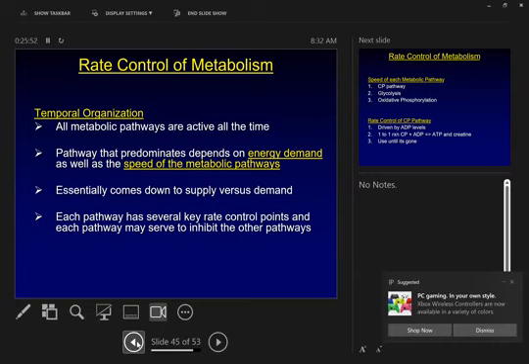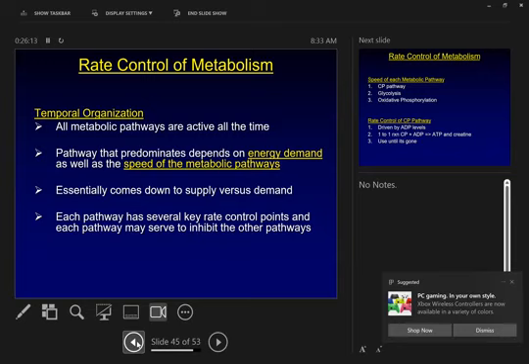The predominant pathway is going to be the one where you derive the most energy, and that depends upon the energy demand of your bout of exercise, at what speed, and what the overall energy yield is. What's the combination of speed and yield for each individual pathway?